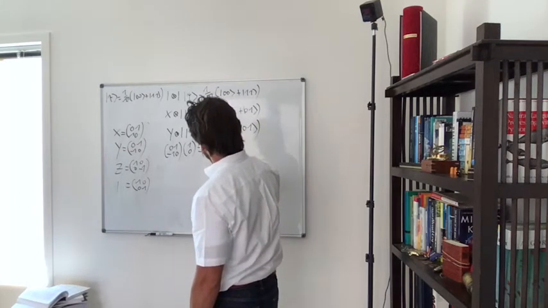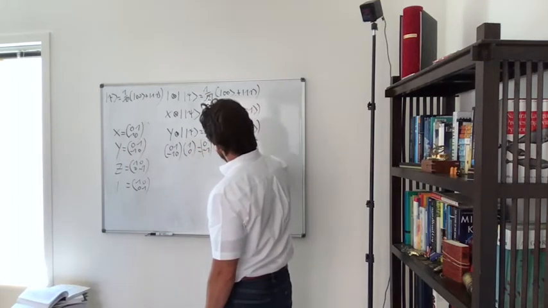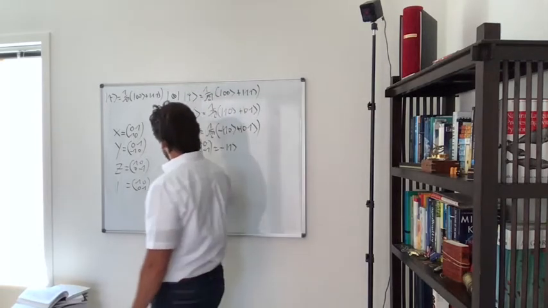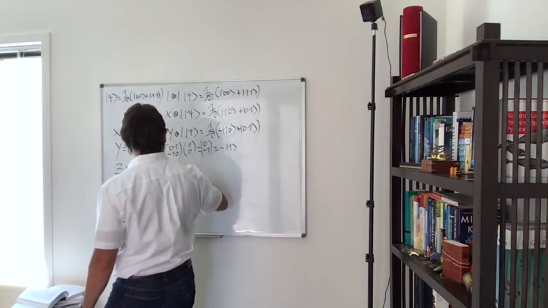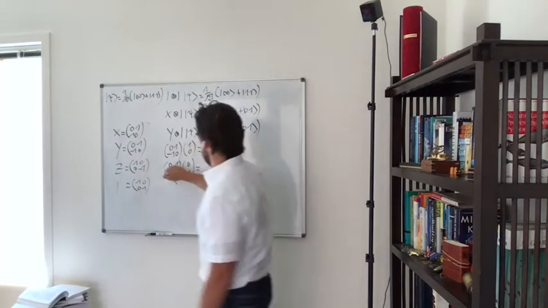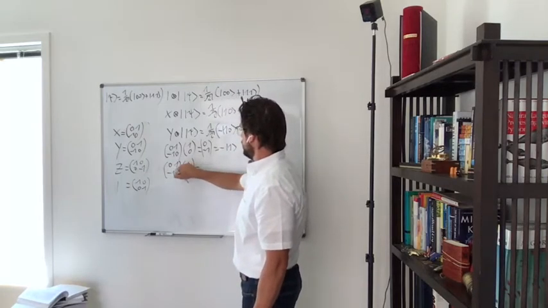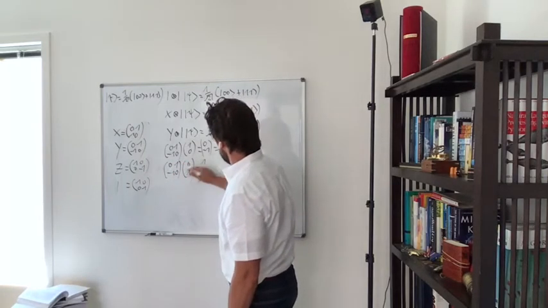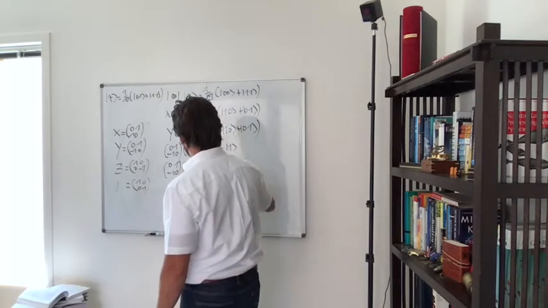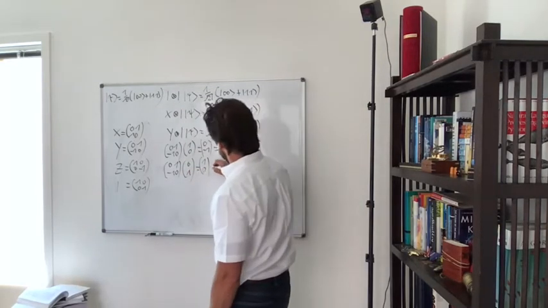So that means 0 becomes minus 1. And we apply it to the state 1, which is 0, 1: 0 times 0 plus 1 times 1, minus 1 times 0 plus 0 times 1. That means 1 becomes 0.